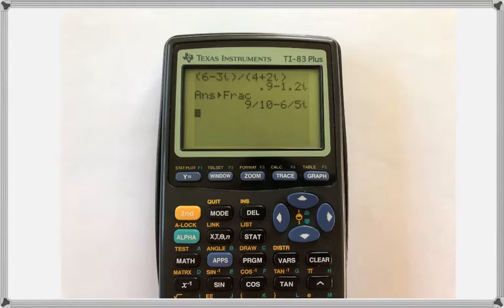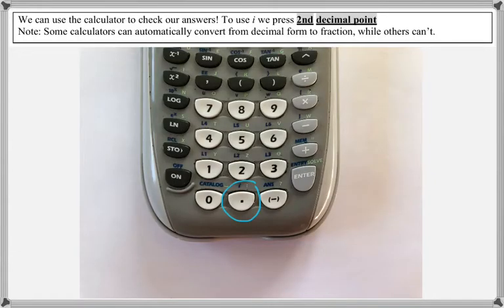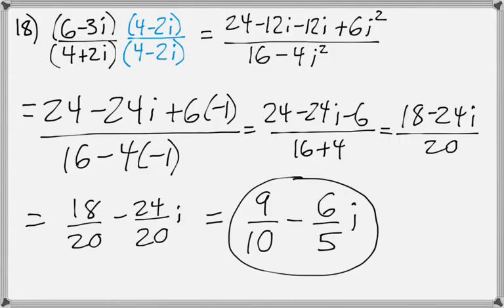So if you have another operating system or this TI-83 Plus, then you would just type in the original question and then convert it to a fraction, just like you convert any other number to a fraction, and it automatically converts it for you. But either way, you should be able to check your answer, which is kind of nice because there's a lot of ways that you can make mistakes on these questions.